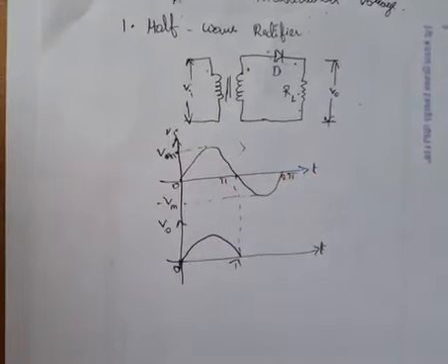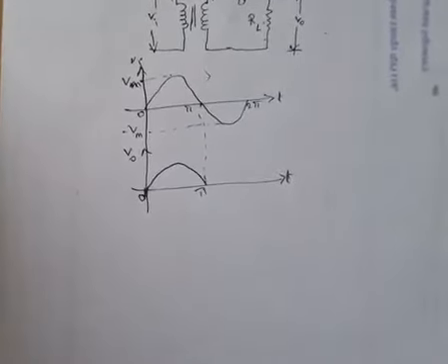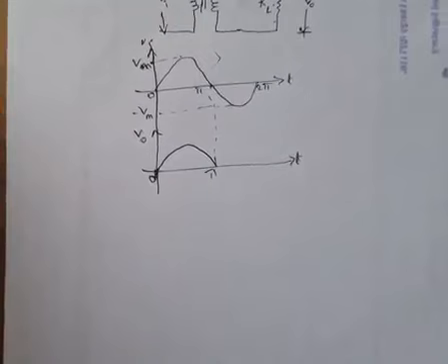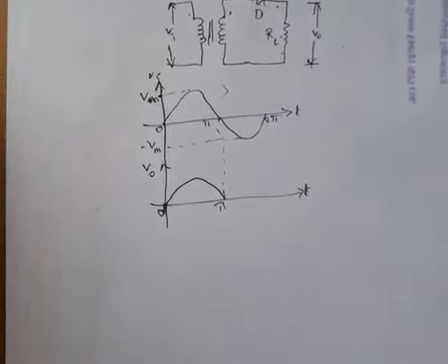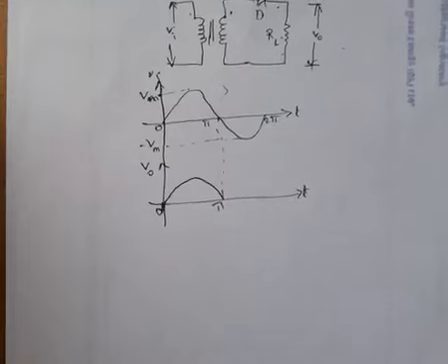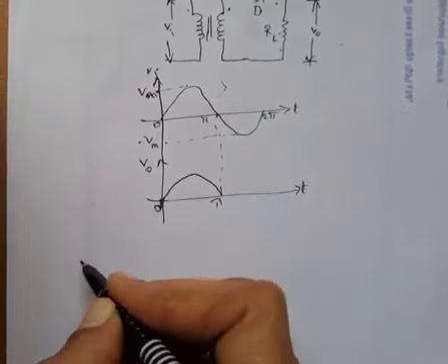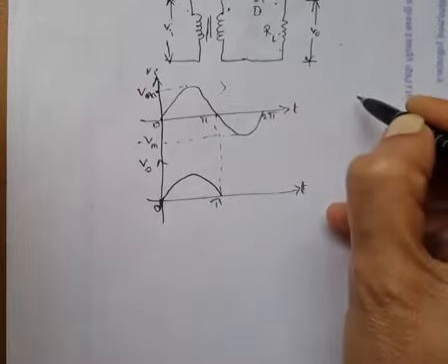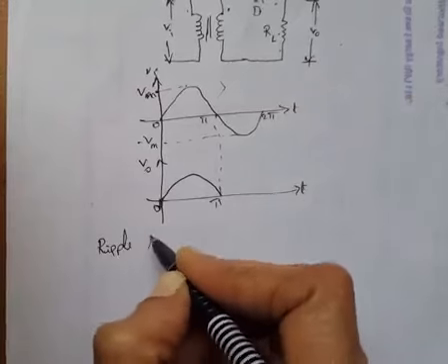And for these rectifiers we are using some terms. Those are ripple factor, form factor, peak inverse voltage, transformer utilization factor, and efficiency. We will see what those are. Okay, first one, ripple factor.